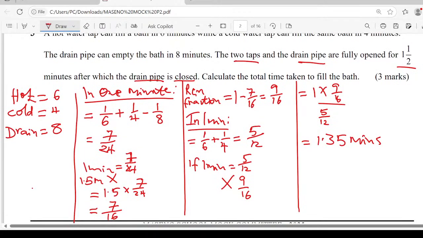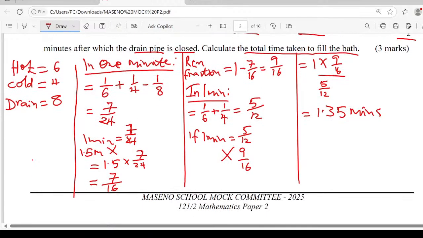Now let's look at what the question is asking. Calculate the total time taken to fill the bath. How long has been taken to fill this bath? You can see the 3 taps ran for 1.5 minutes. So for the total time, you take the time the 3 taps ran together, 1.5 minutes, plus the 2 taps that ran for another 1.35 minutes.